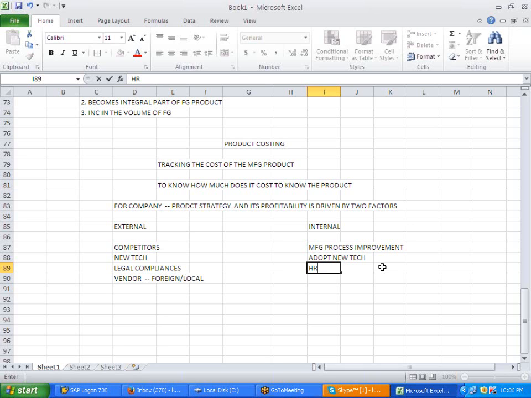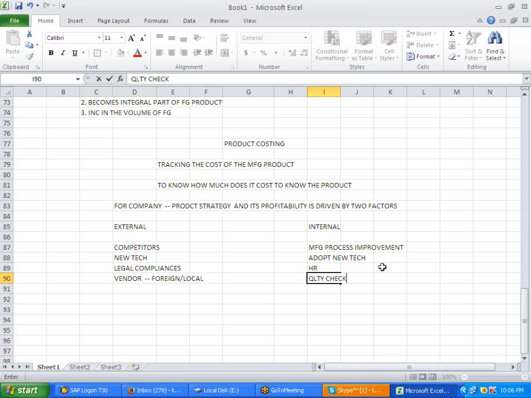Ahmed is even higher end, a platinum consultant. Quality check. All these aspects affect the cost of the product. These are a few examples to help you understand that product strategy and profitability are driven by these two factors.